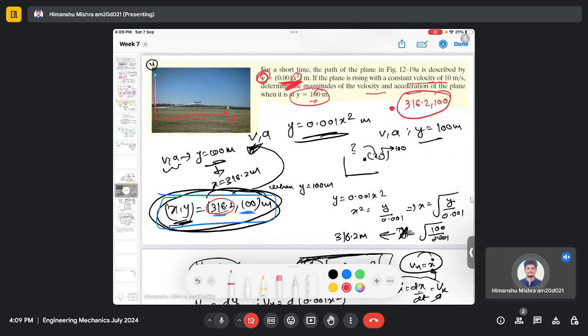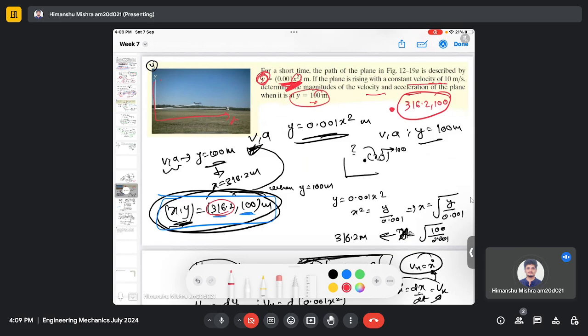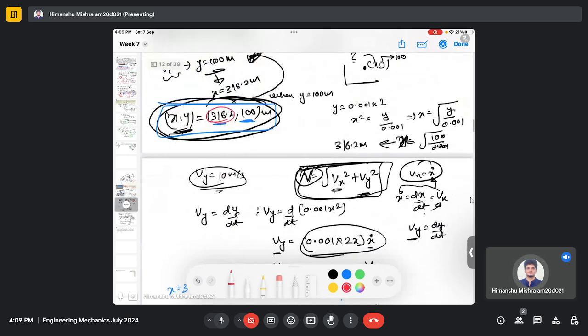So what we did, we used the known fact given in the question, that Vy is constant and it is 10 meter per second. We define the general relation that Vy is the rate of change of y in time, and we put the expression of y here. x and y are positions as functions of time.